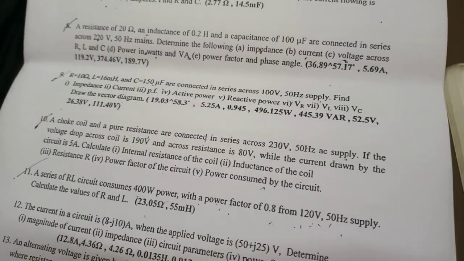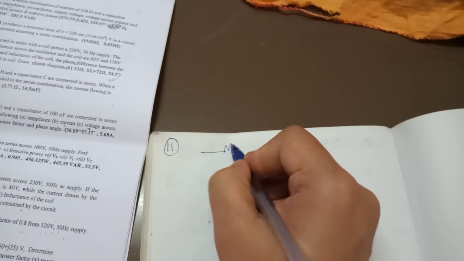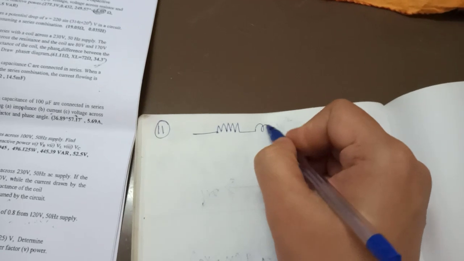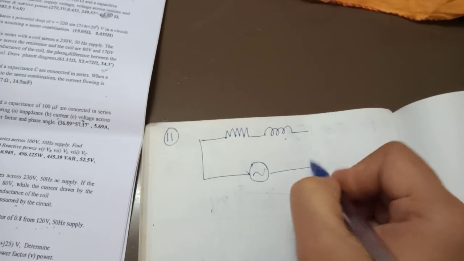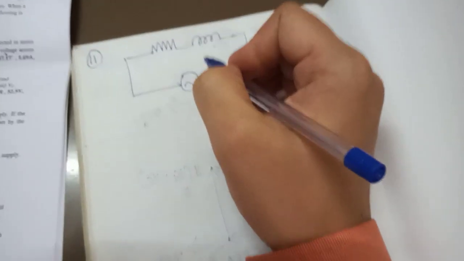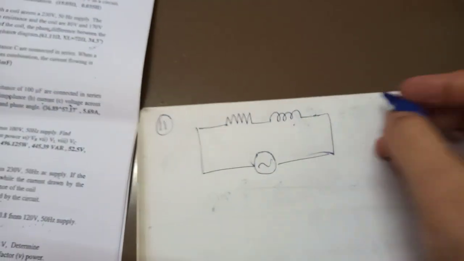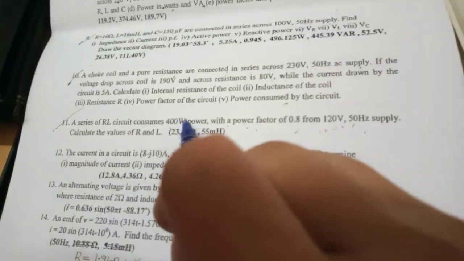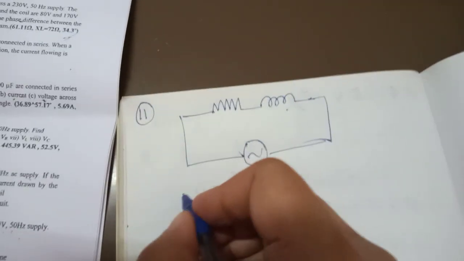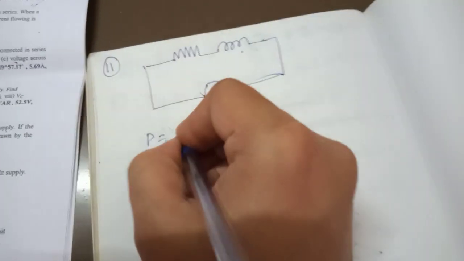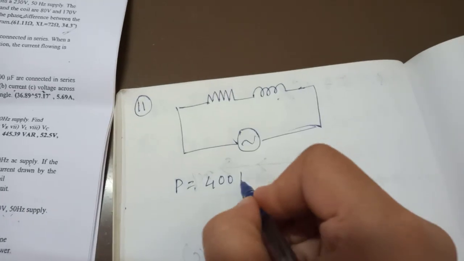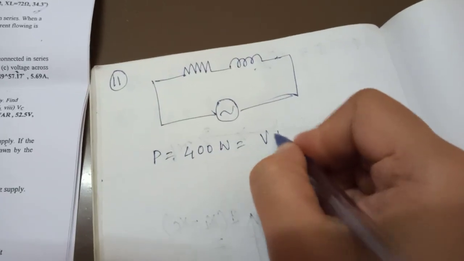A series RL circuit is given. It consumes 400 watt power. What is the formula for average power?